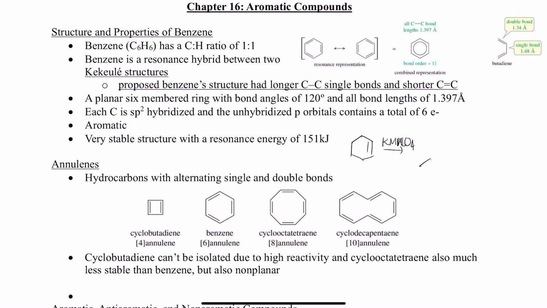However, benzene is so stable, these double bonds are so stable that if we try to react this with cold and dilute potassium permanganate, no reaction is going to occur. So that just goes to show how stable aromatic compounds are.